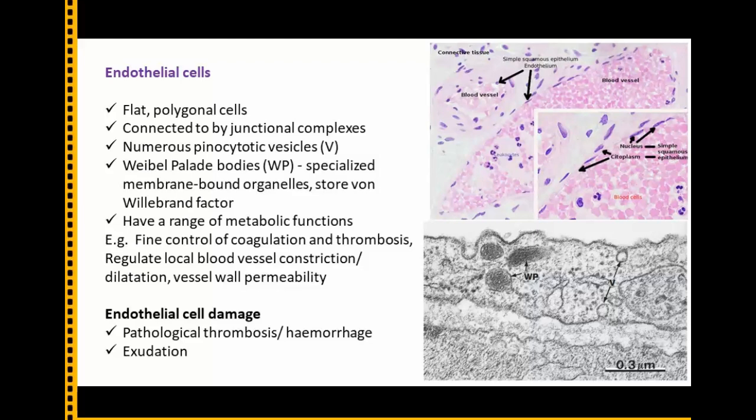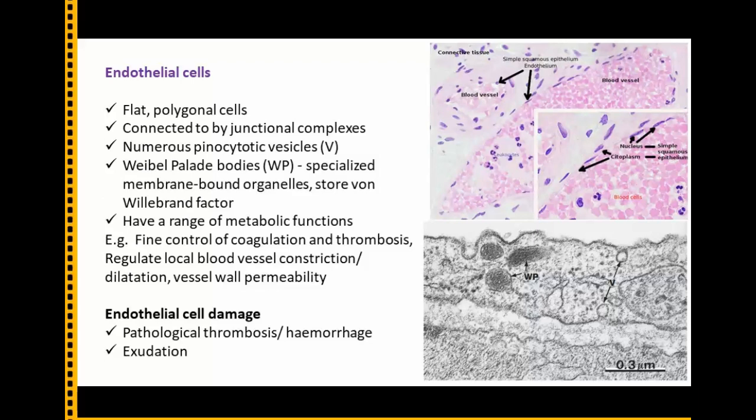This one is an endothelial cell. It is a flat polygonal cell with a central round nucleus. They have specific organelles called Weibel-Palade bodies.